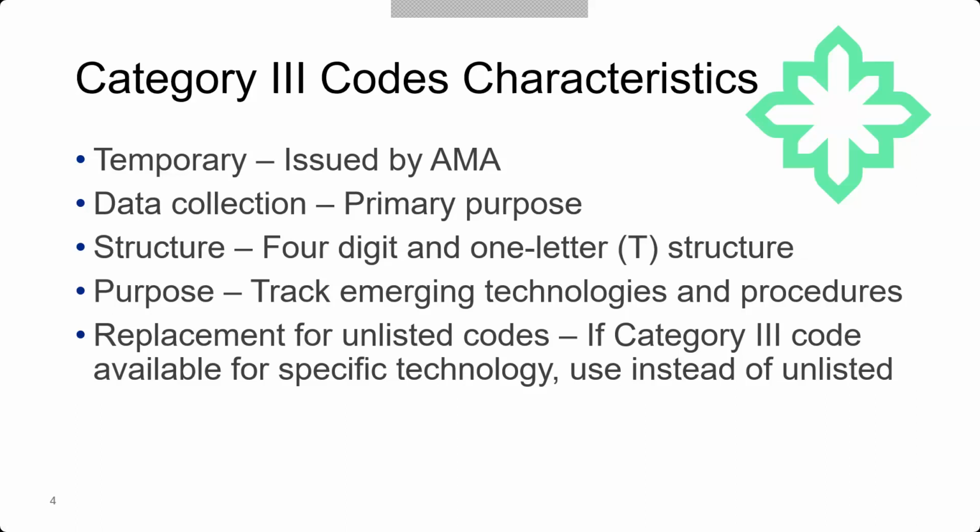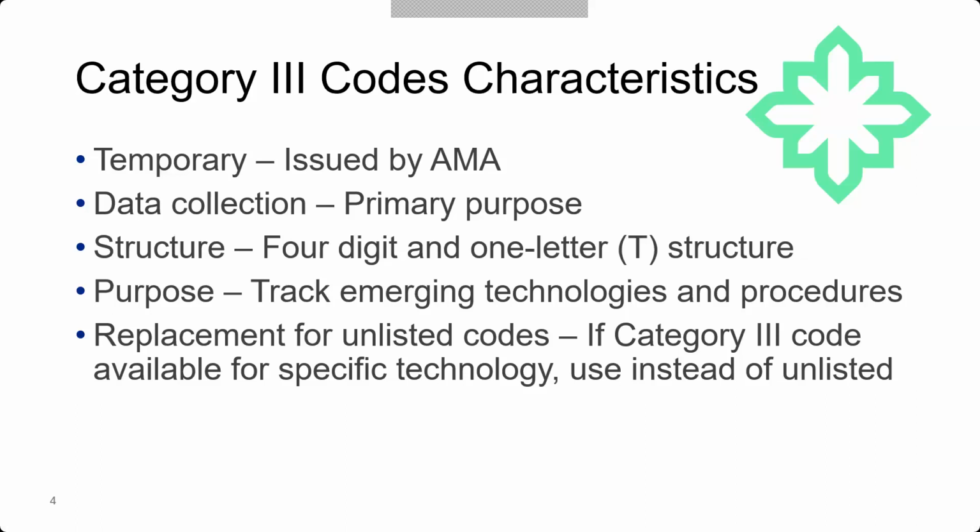A third characteristic is the structure of them. Again, like I mentioned, they're a unique 4-digit and 1-letter structure, which is 4 numbers followed by the letter T. And then the purpose, again, is to track that emerging technology and procedures and determine if they should be promoted to a permanent Category 1 code, which are for established service.